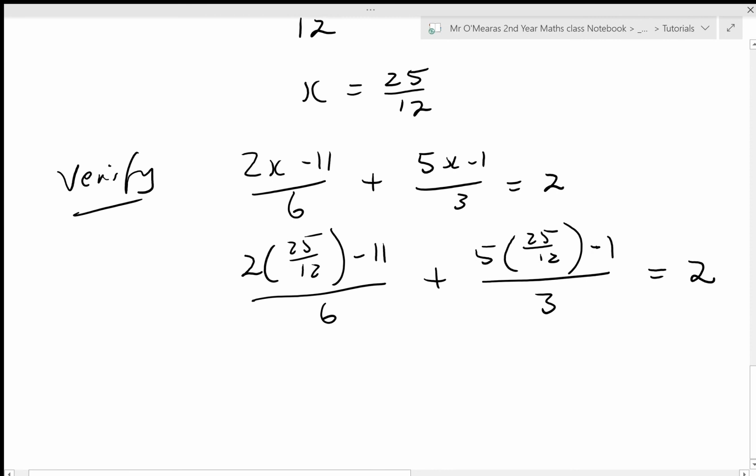When you put that left-hand side into your calculator as it is, taking care with the fraction buttons and the brackets, you end up with 2 equals 2. So we have verified that our answer is correct.